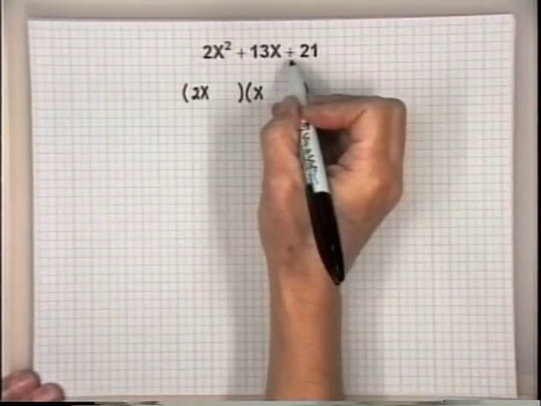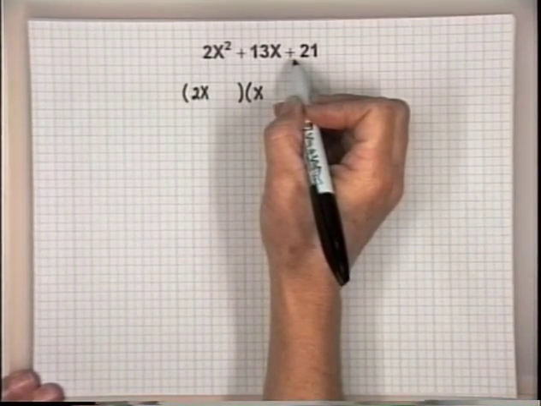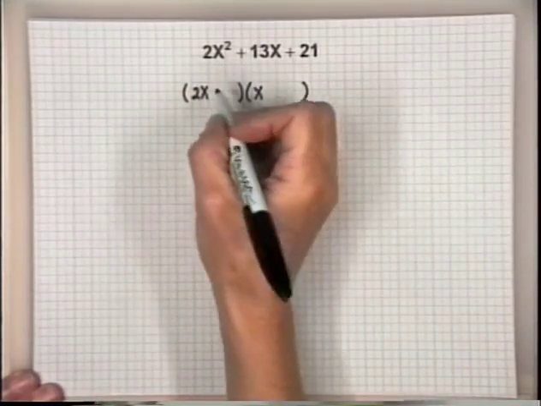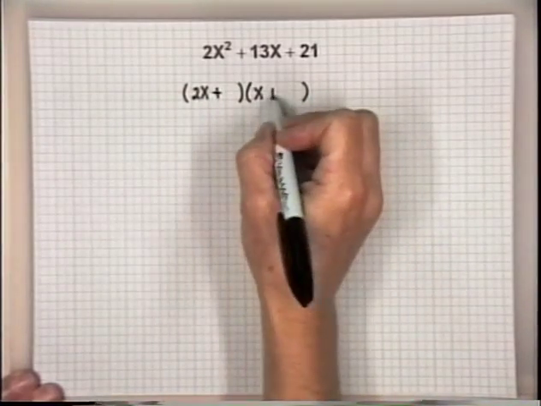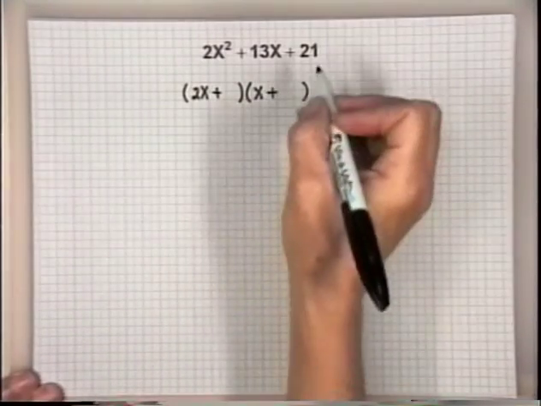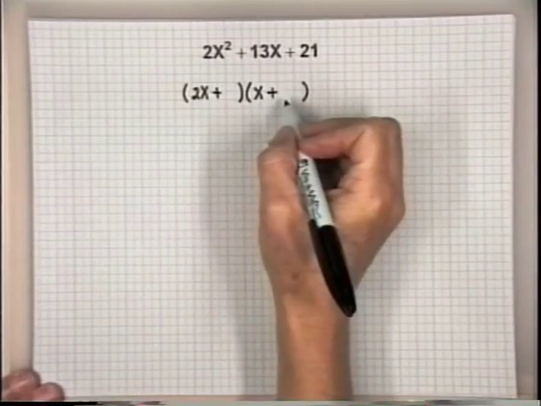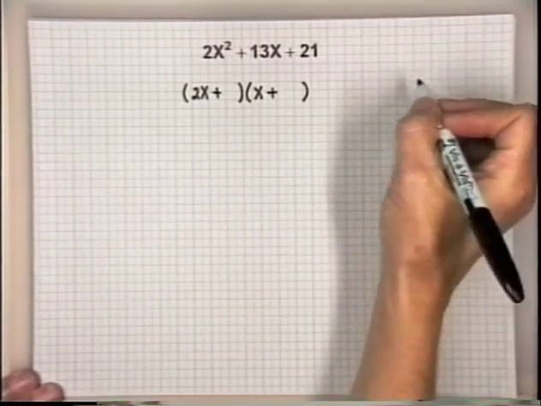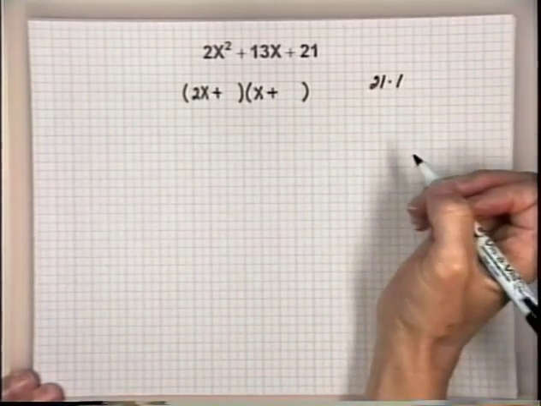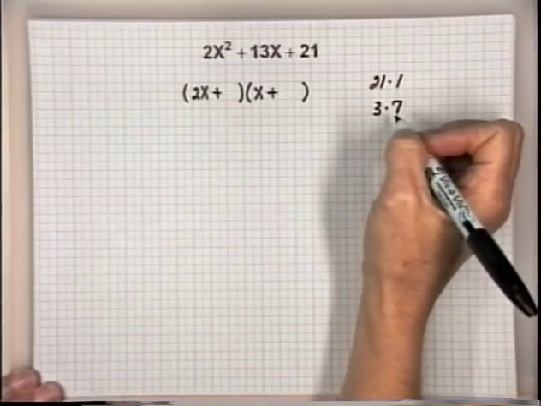Now, our third term is positive, so we know we will have like signs. Since the middle term is also positive, both of these signs will be plus signs, so we can go ahead and put those signs in. We will try factors of our third term to go in our positions here. Our possible choices are 21 times 1 and 3 times 7.